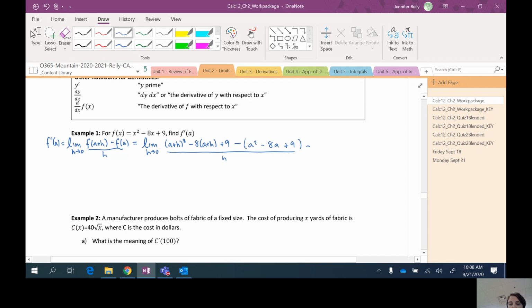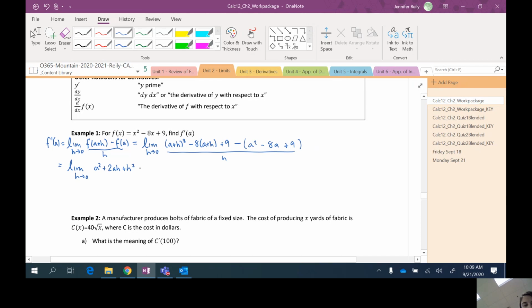Okay, and I'm just going to simplify this a bit. So I'm going to expand out the brackets. Actually, I'm going to start on a new line because I don't think I'm going to have enough room. It's important to write your work out neatly here because there's lots of terms to think about. Okay, so a plus h squared, that would be a squared plus 2ah plus h squared.